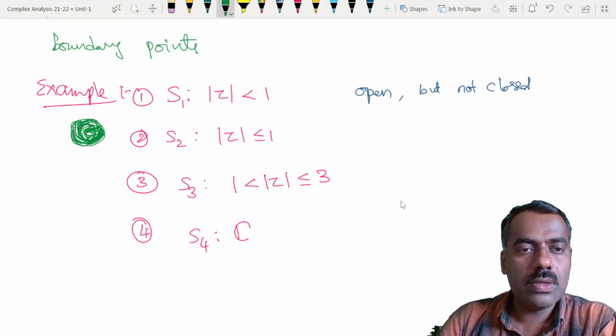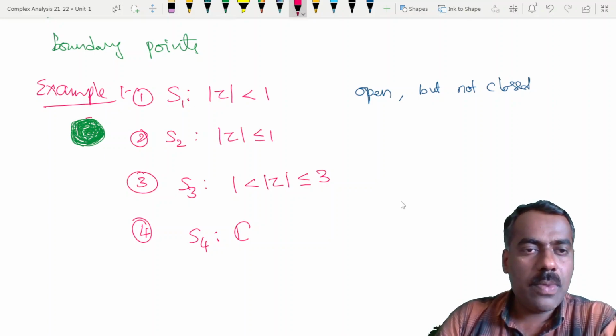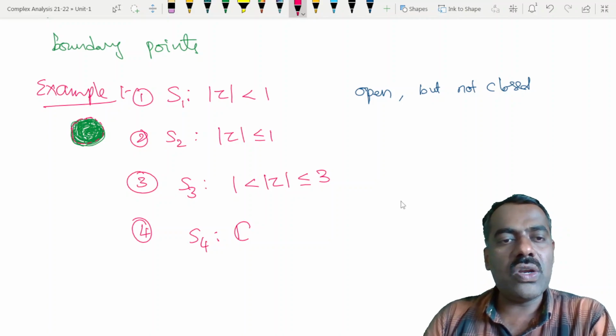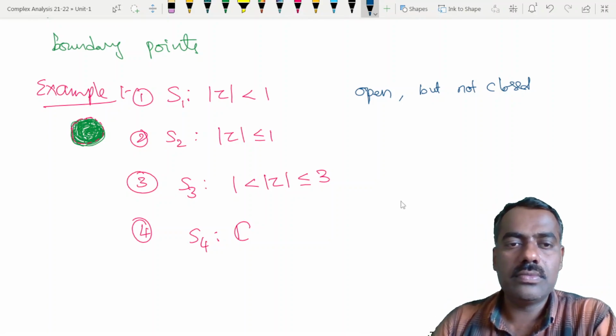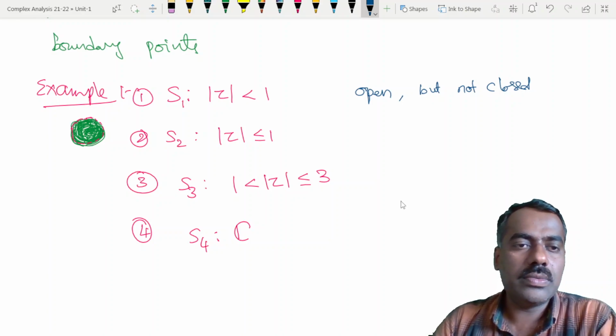Okay. Now for this, what is the boundary? The boundary is this, whatever I am writing with pink color, right? So whether the boundary is included in S2 or not, it is there. It contains boundary points also. Yes or no?